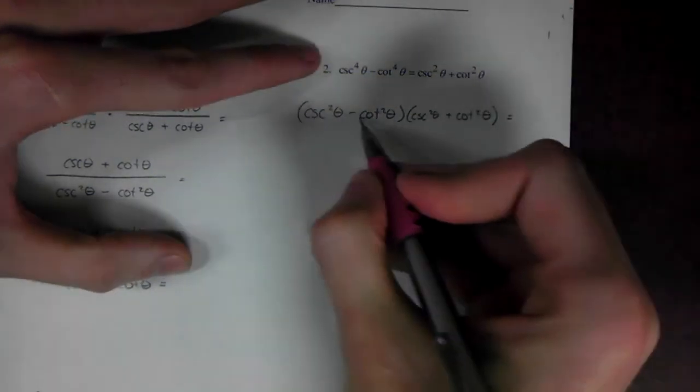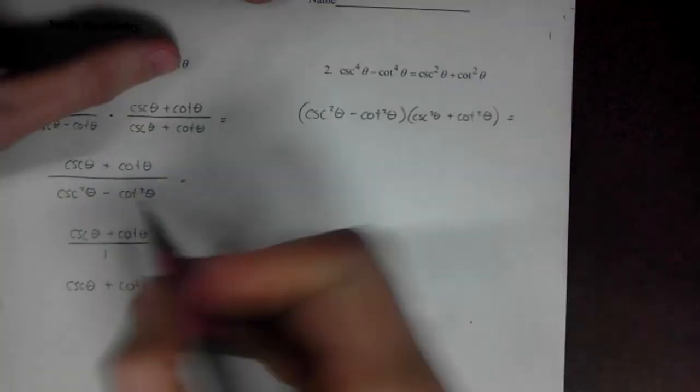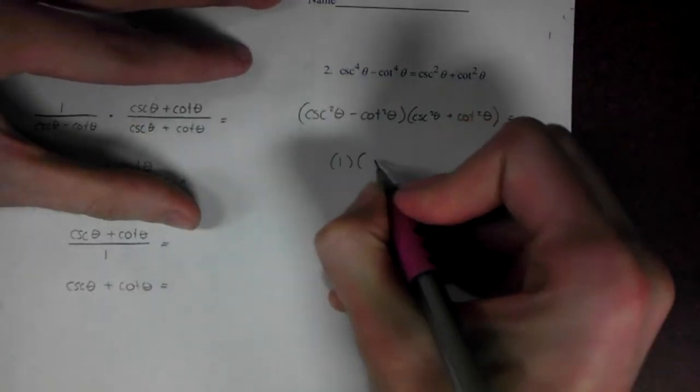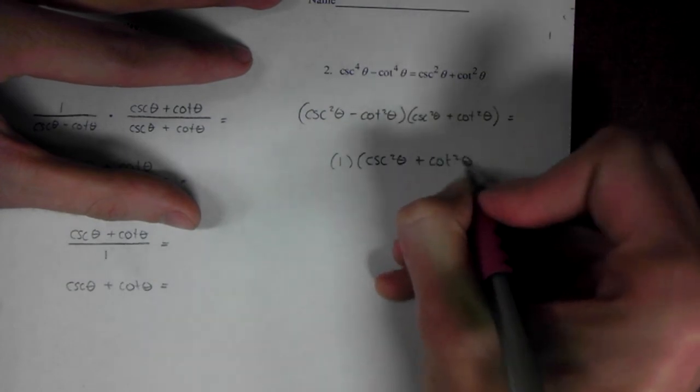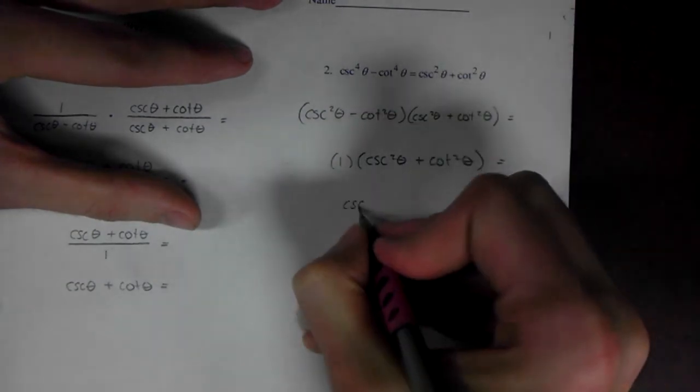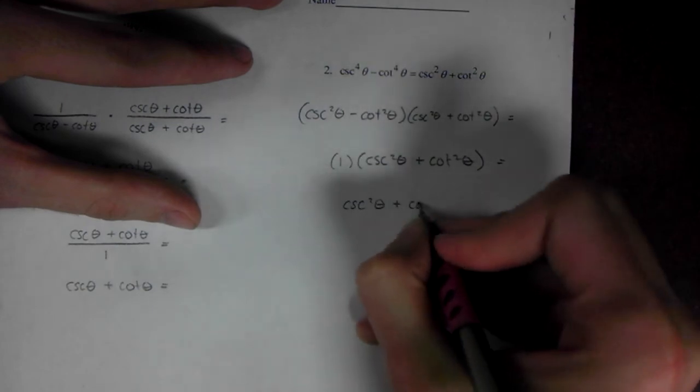And it turns out that cosecant squared minus cotangent squared, as we've already discussed, is equal to 1. So again, this problem is solved rather quickly.